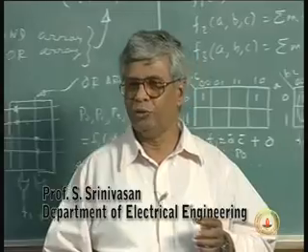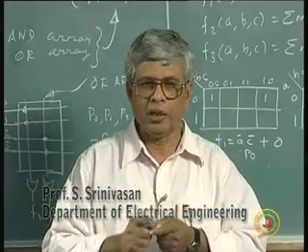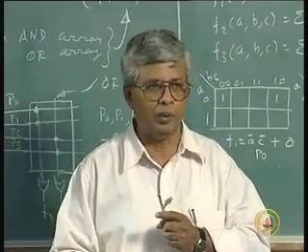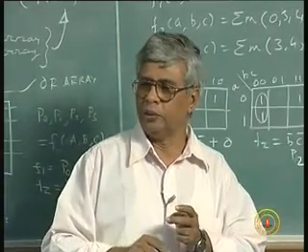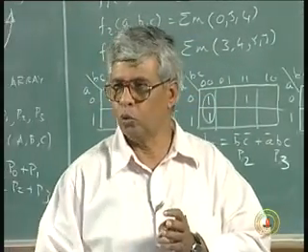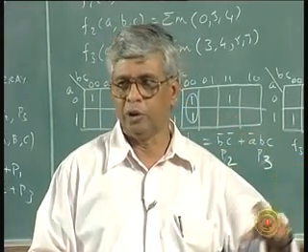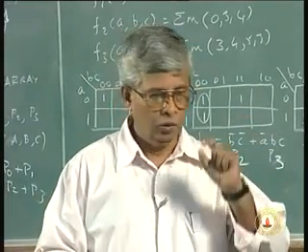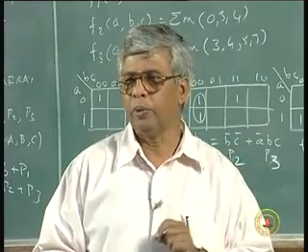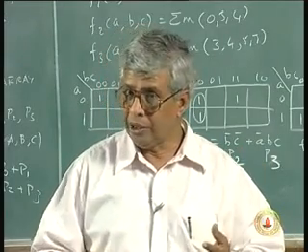Supposing I end up saying I need 3 product terms for F1, 4 product terms for F2, 3 for F3, 2 for F4. Then I say give me a function with 3 inputs or 4 inputs, 4 outputs, one 2 input, two 3 inputs, one 4 inputs. It may not be an exact match.